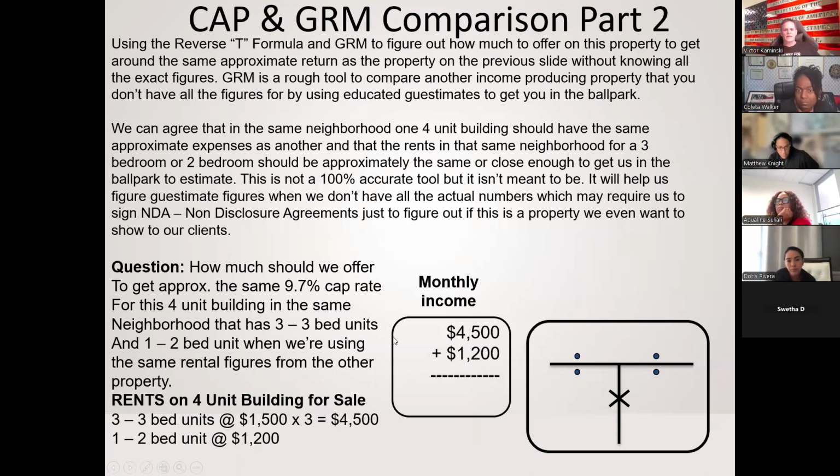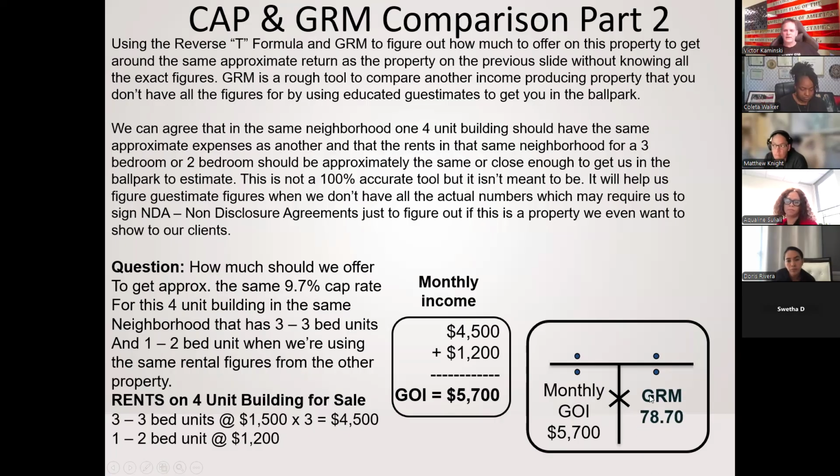So we add up the total monthly incomes here, and we get $5,700 a month. And now we could put it in the reverse T formula on this side. And we knew that the building on the previous slide at a 9% cap rate had a 78.70 GRM.